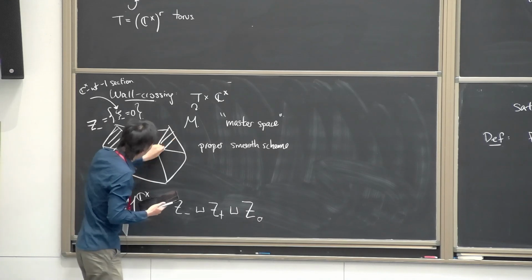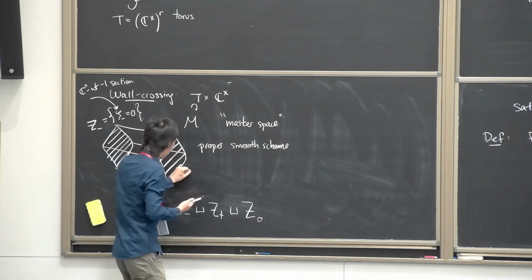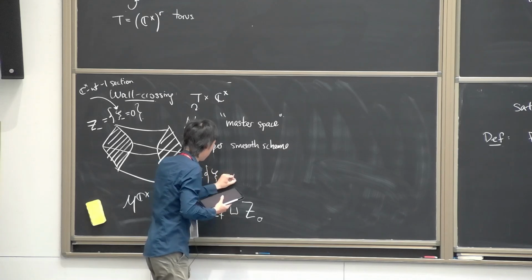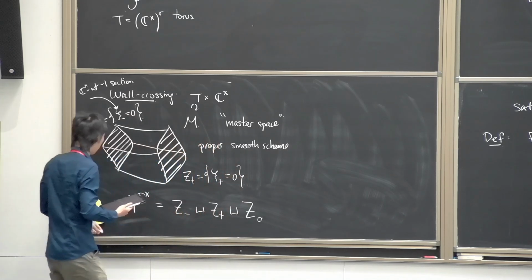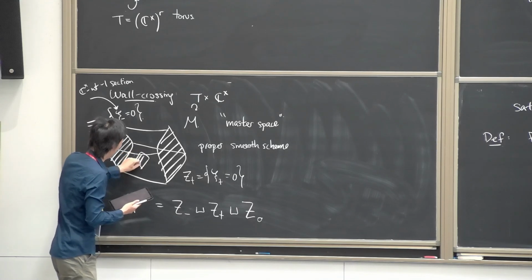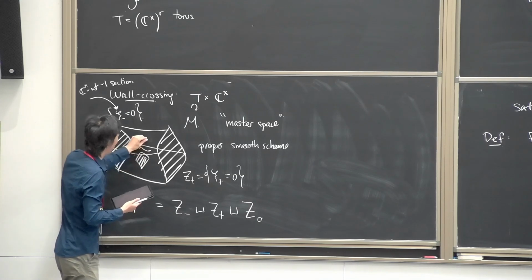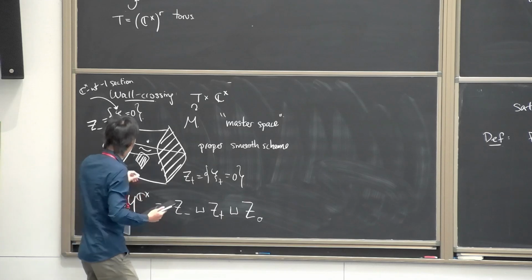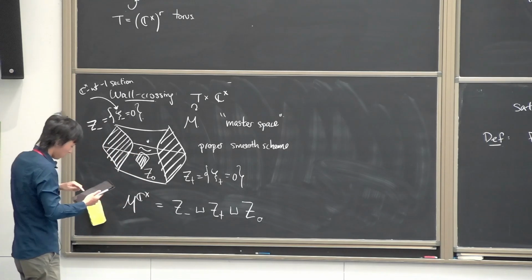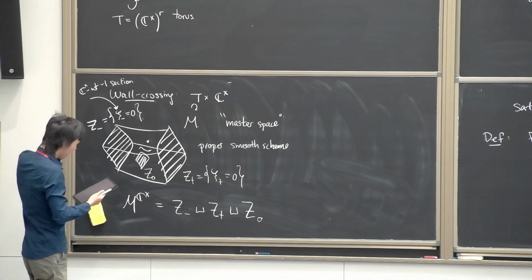And similarly, we're going to have some divisor Z plus, which will be the zero locus of some section psi plus. And then we're going to have some slightly more complicated locus, which may be lower dimensional, may have many components, may not be pure dimensional, and this will be Z naught.